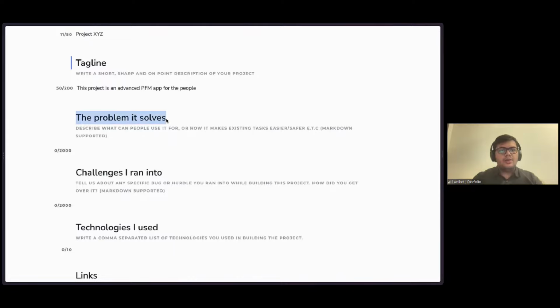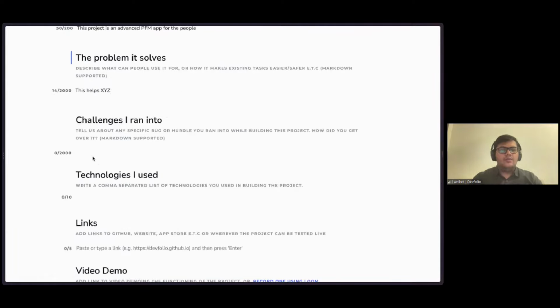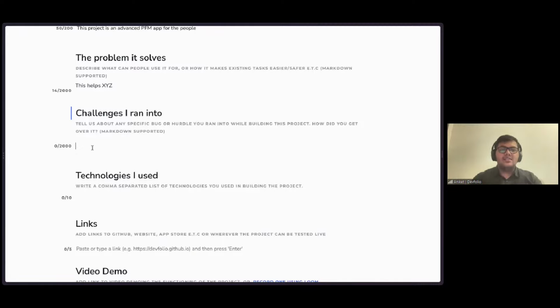And then here is where we want you to get creative, which is the problem it solves. Describe the problem, what problem exists right now, and how your project is helping solve that. Again, this is Markdown supported, so make sure that you're putting as much context as possible. So this helps XYZ. Then we would also like to know what challenges you ran into.